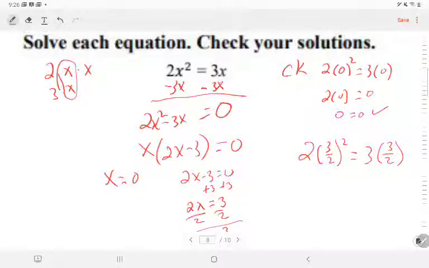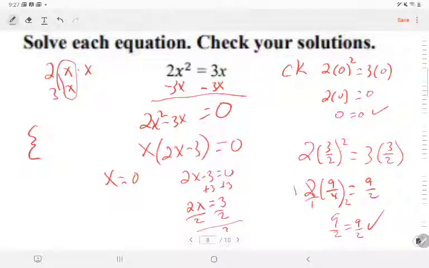Okay? Well, 3/2 squared would be 9 over 4 should equal 9 over 2. And I could simplify down, and it would be 9/2 equals 9/2, which checks. So my solution set to this would be 0 and 3/2. Okay? All right.